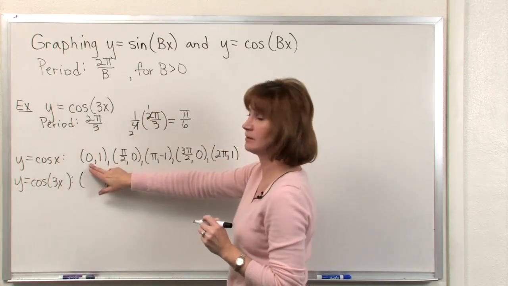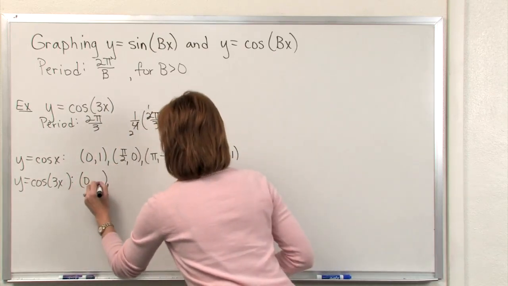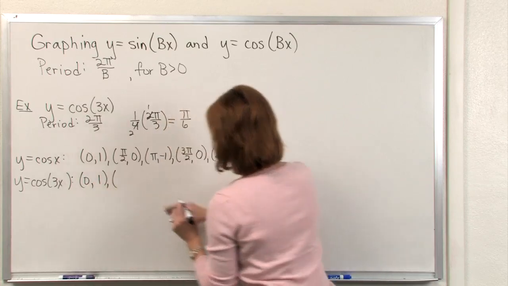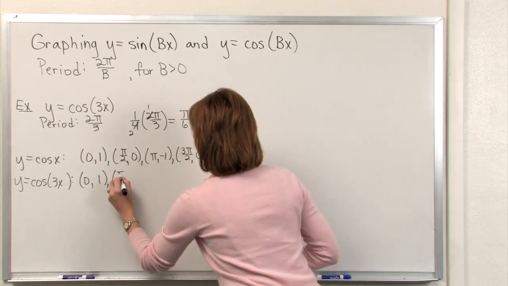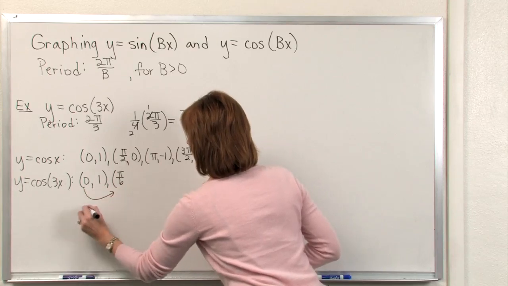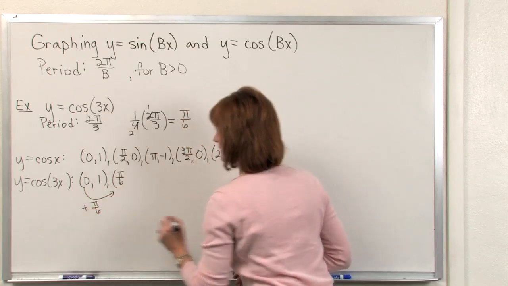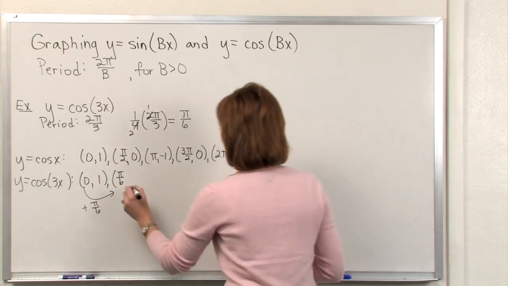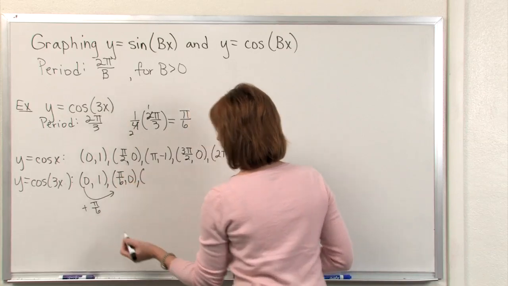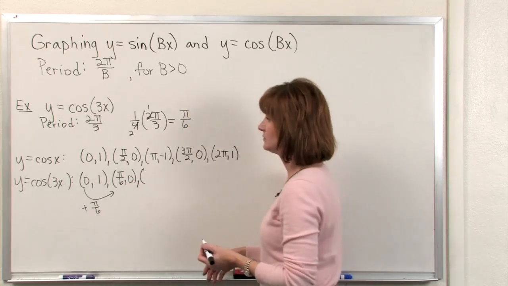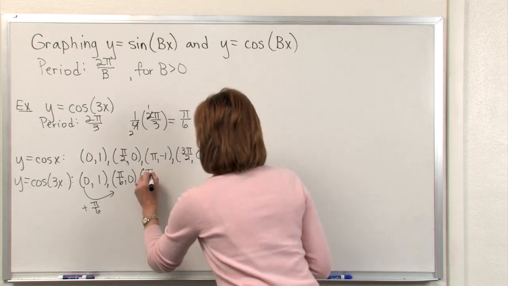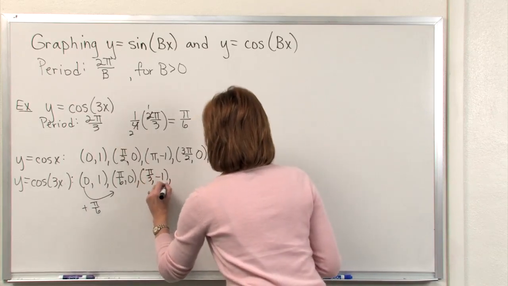Okay, so the first one still occurs at 0. The next quarter point is going to be pi over 6 increments, so you're always adding pi over 6 to each x coordinate to get the next one. What is pi over 6 plus pi over 6? Well, it's 2 pi over 6, but of course you always reduce your answers.